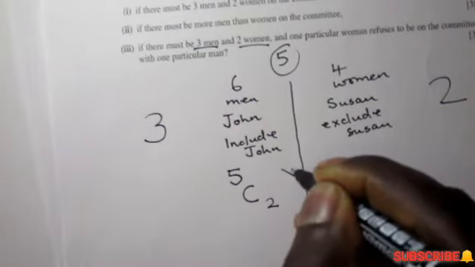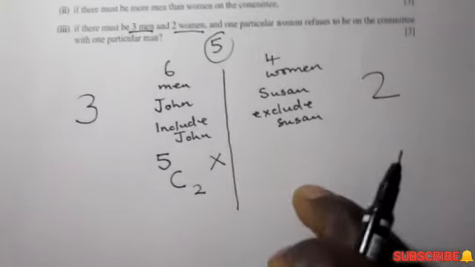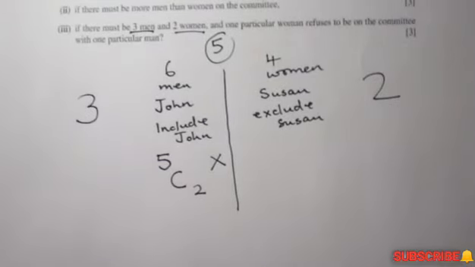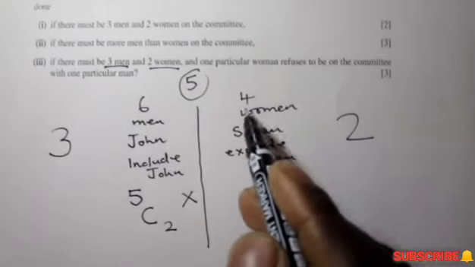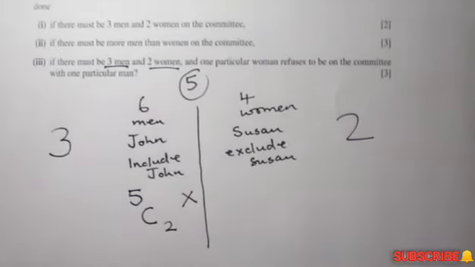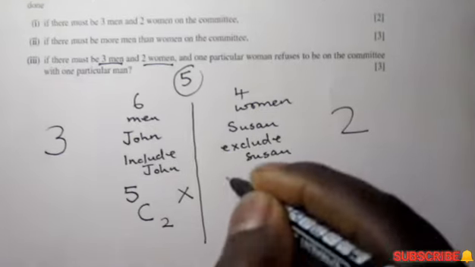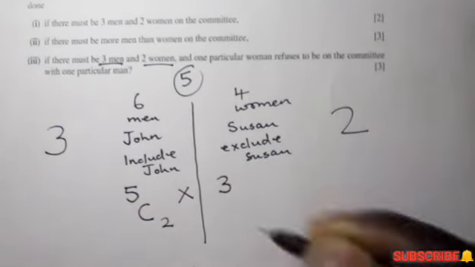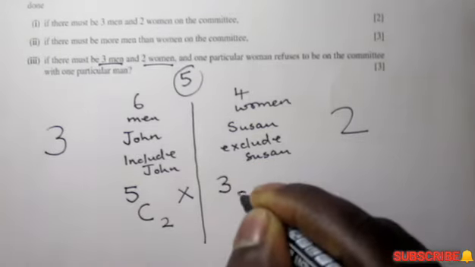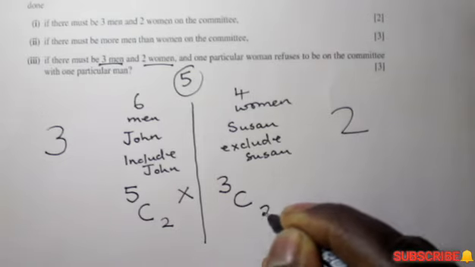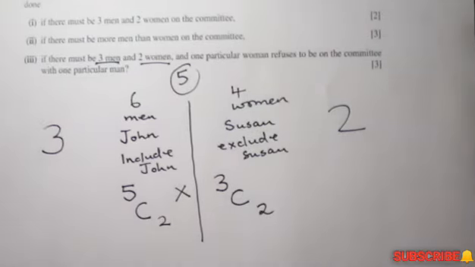Then you have to put the multiplication sign. We move on to this side where we are going to exclude Susan. Excluding Susan, it means that this 4 is going to be subtracted by 1, which is the exclusion rule. So it means that we are going to choose from the 3 women, right? Then from the 3 women, we choose 2 women which are required.